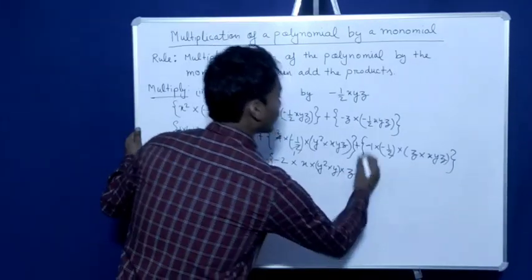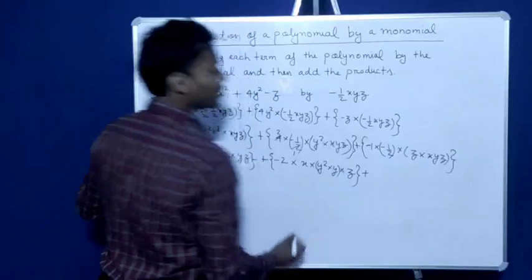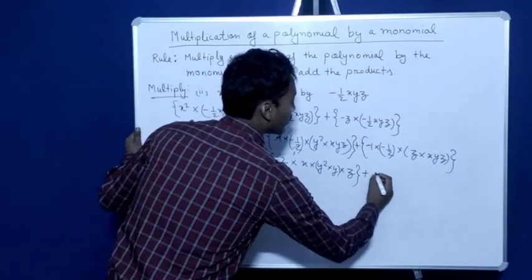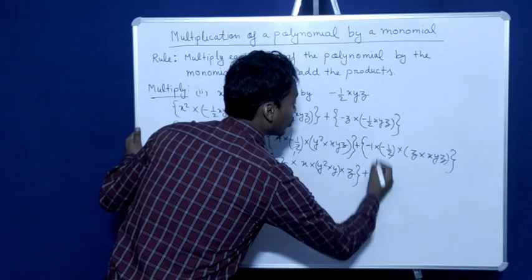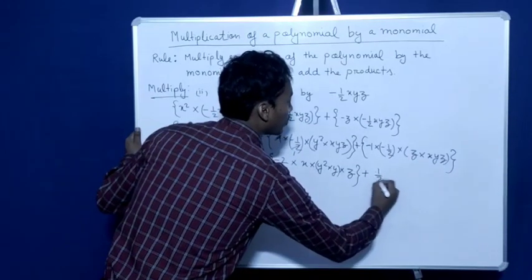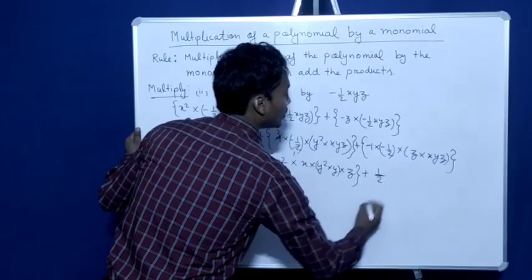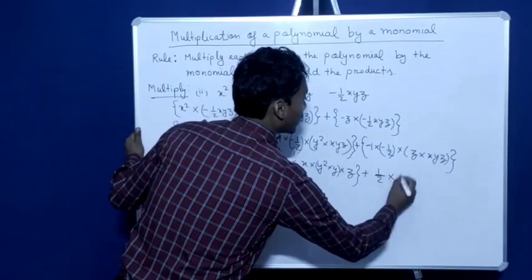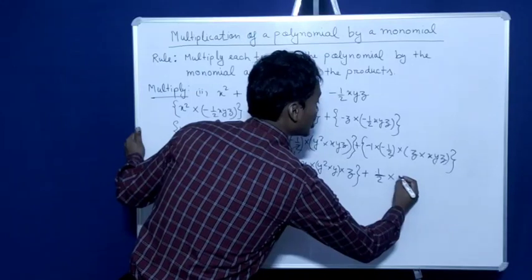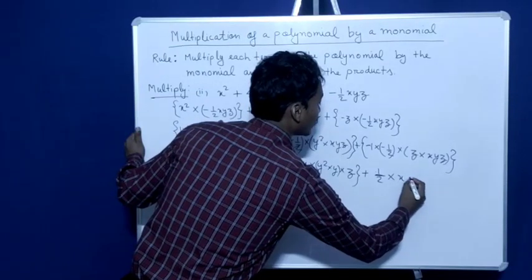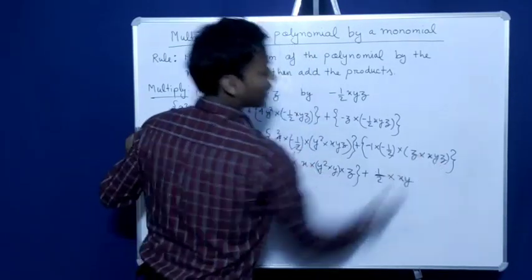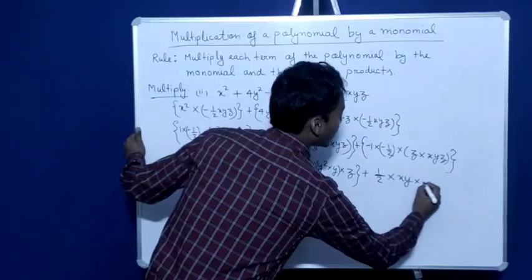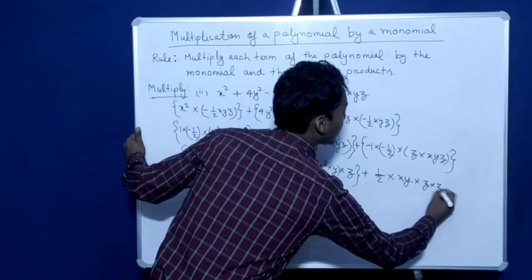So plus, now negative and a negative, negative multiplied by negative gives you positive, so 1 times 1 by 2 will give you 1 by 2 multiplied by x y. We can leave x y like that because there is no other x and y, multiplied by z times z.